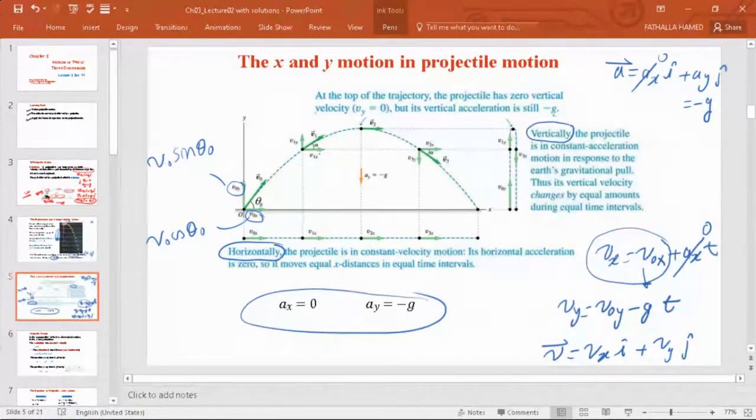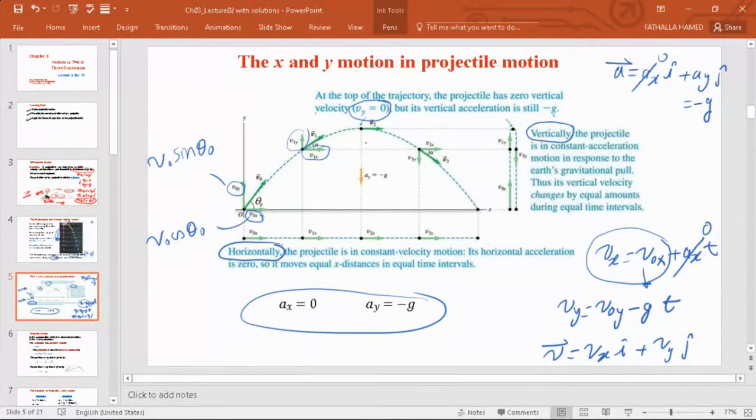That's why when you look at this now, this is your Vx at this location here, but it's not going to change. It's going to stay the same because your ax is equal to 0. Your Vy here is going to change because you have the minus g. At the maximum height here, your Vy will equal 0, but your Vx is going to stay as it is.